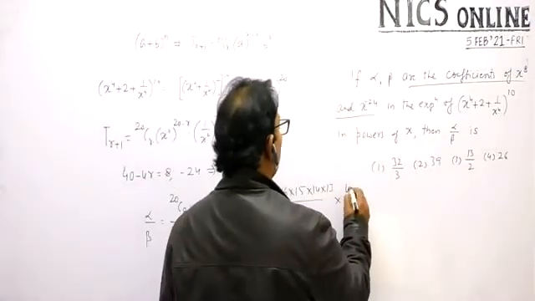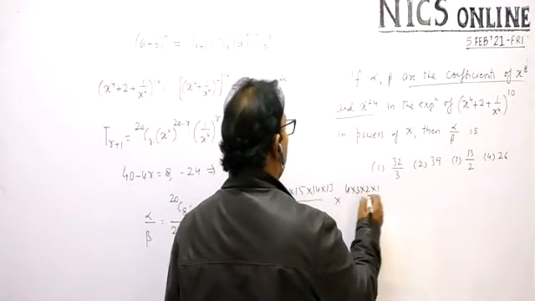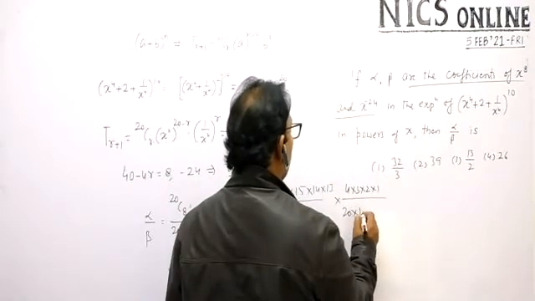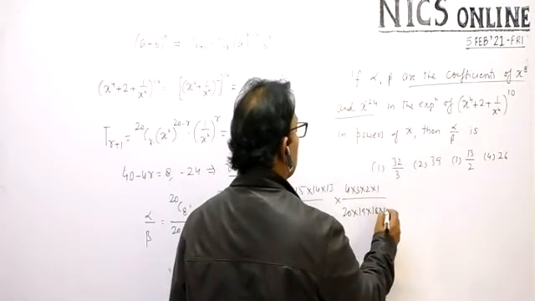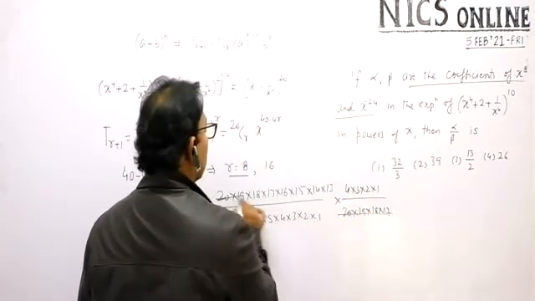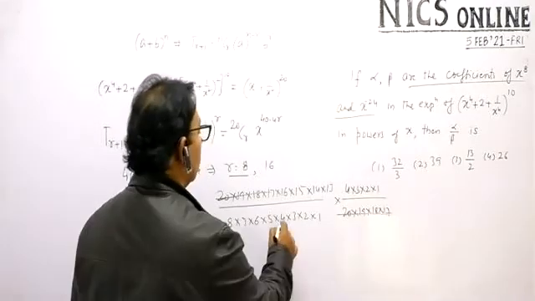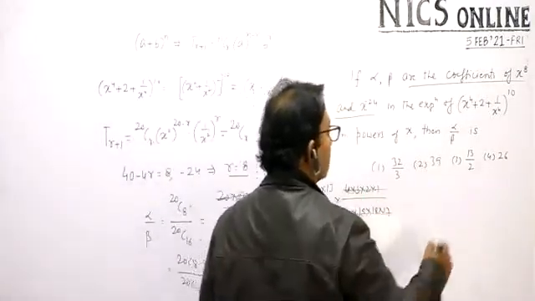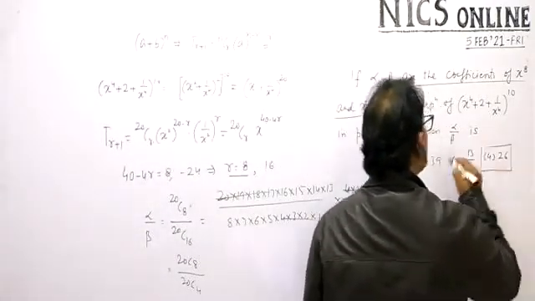This will be 4 factorial, 4, 3, 2, 1, divided by 20 को open करो 4 places. ये simplify होकर cancel हो जाएगा. This will also cancel out and your answer would be 26.